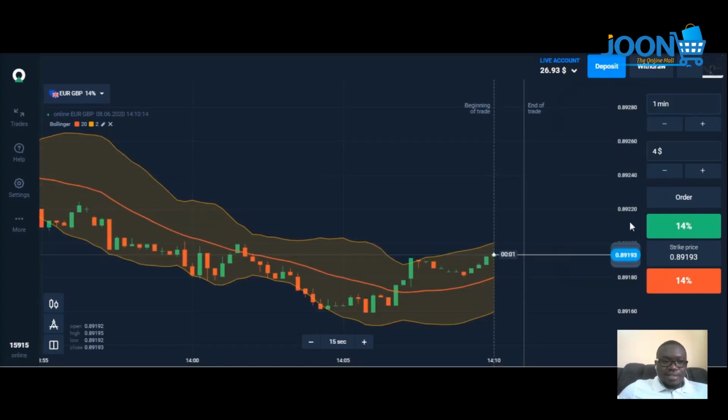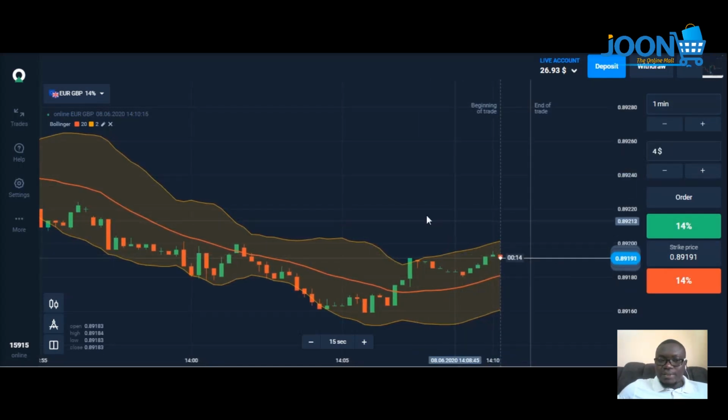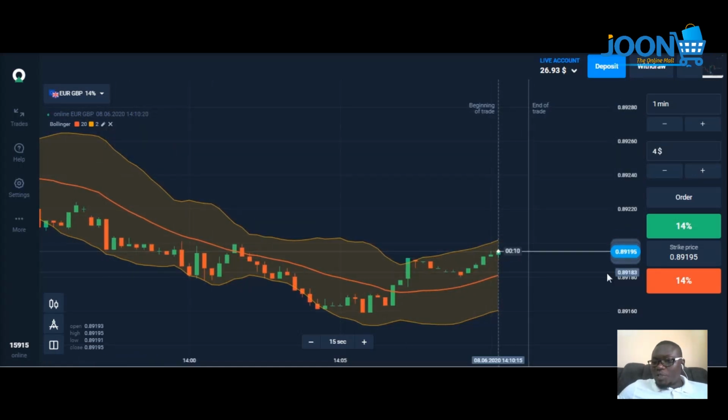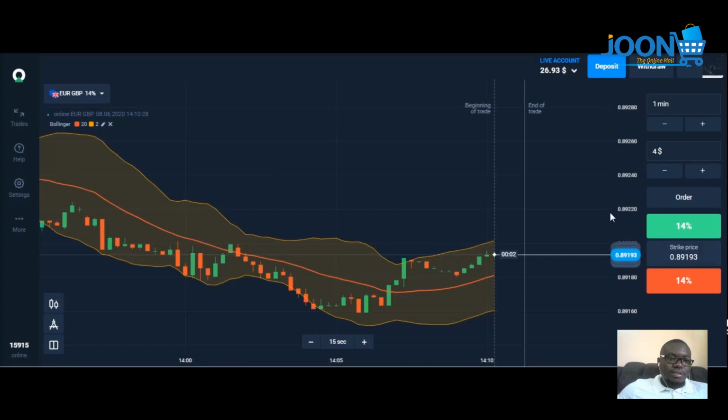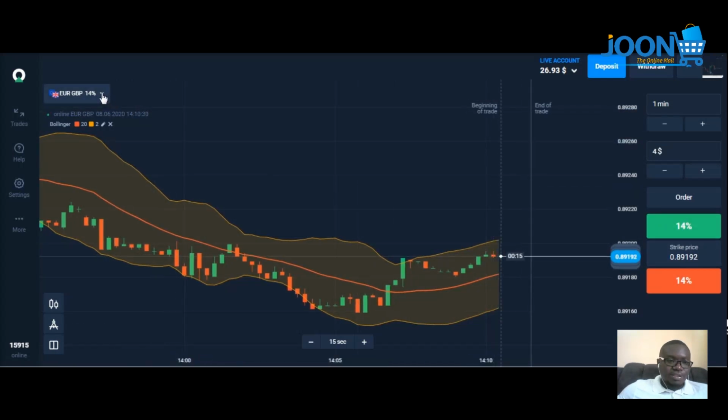Another thing that we'll need to add to this chart are the assets that we need to trade. We want to make sure that we are trading assets that have a return of 80% or more. This is 14%. It won't be ideal for our strategy.